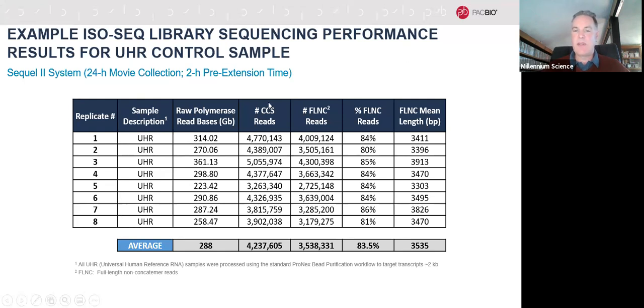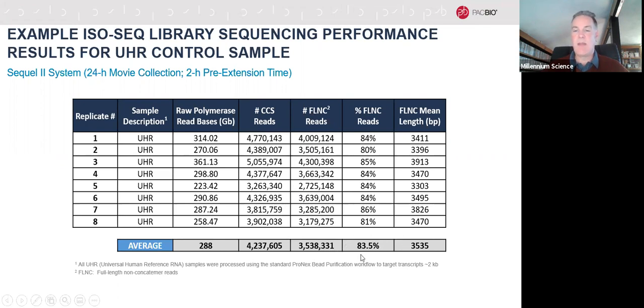And the number, as we said, you'd be estimating around about 4 million CCS, or very high quality long HiFi reads per sample. When these get filtered, the filtering removes some of those reads, but not too many. So you've still got over 3.5 million on average at that point.